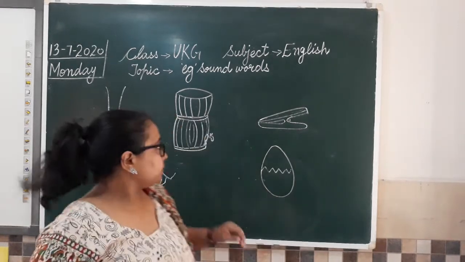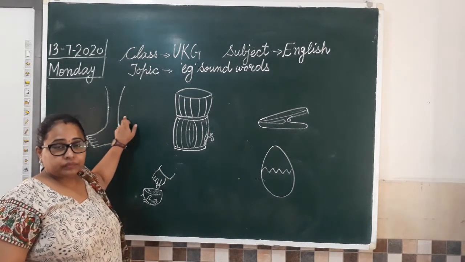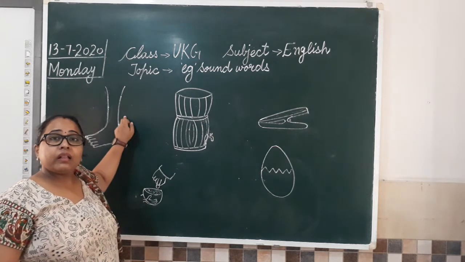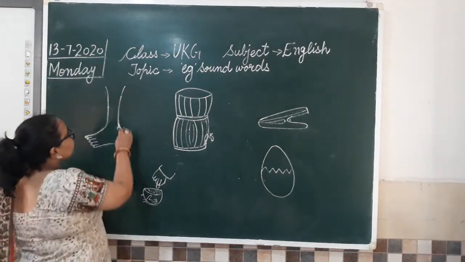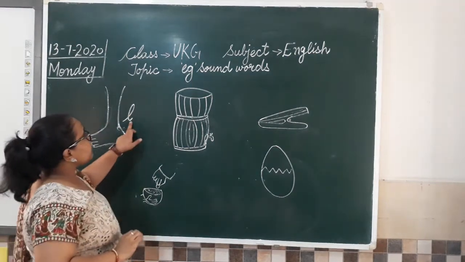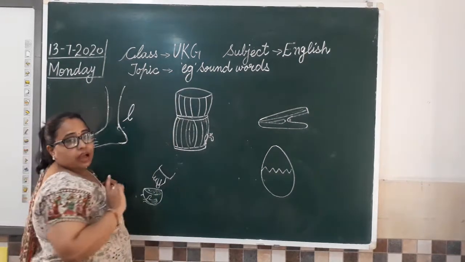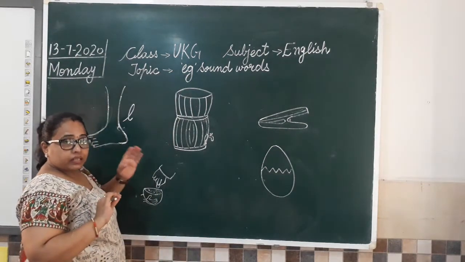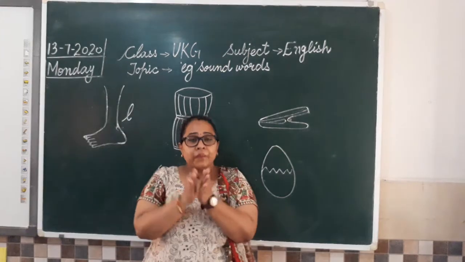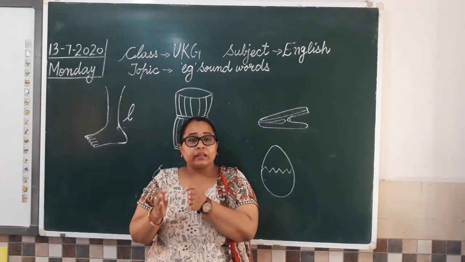So first thing, egg, leg. So L. Which sound is coming? L. So what we have to do? I am going to write L. Now this L is blended with egg sound, isn't it? L, egg. So when L is mixed with egg sound, it becomes leg.